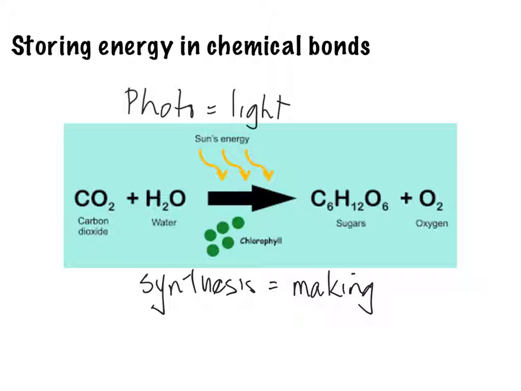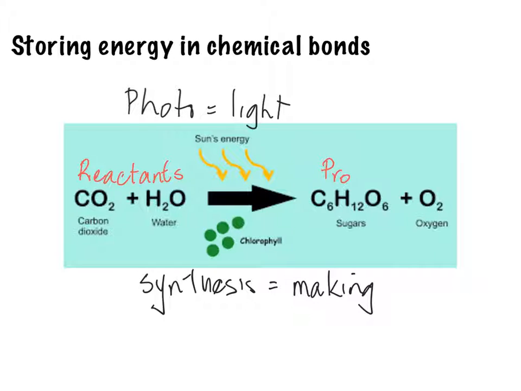We have names for this, and I'm going to put them in today, even though we don't have to know them exactly for the test. Over this side, what we start with are called reactants. So in photosynthesis, my reactants are carbon dioxide and water.